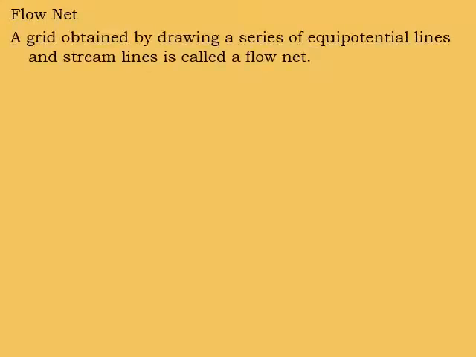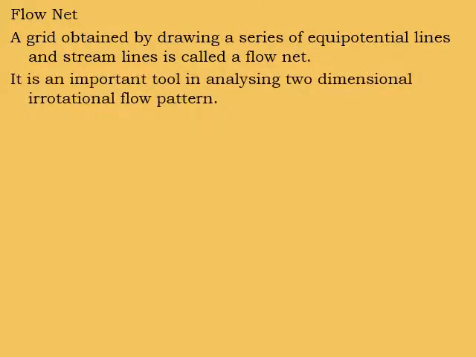So next term, flow net. A grid obtained by drawing a series of equipotential lines and streamlines is called a flow net. After calculating the values for the equipotential lines as well as streamlines, it is shown like this.